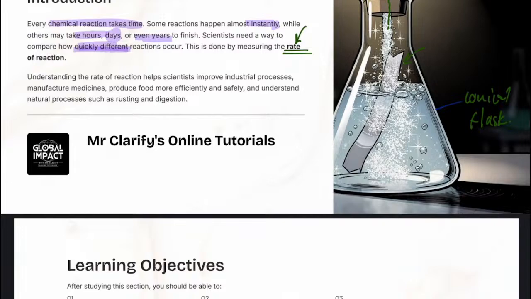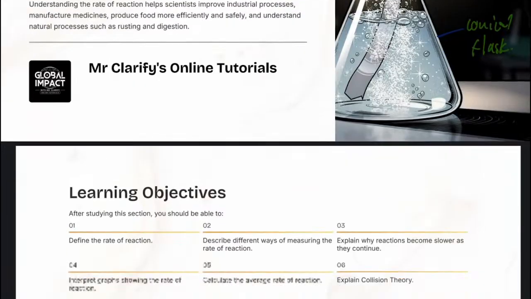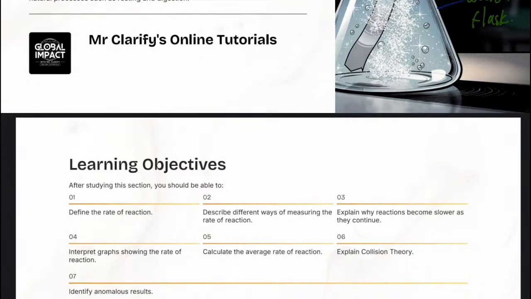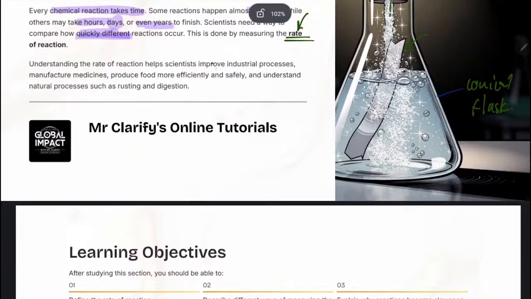Good. So, understanding it will help scientists to improve these reactions. Industrial processes just means reactions, reactions that are used to produce food, to produce medicine, to produce everything. So what have we just said?